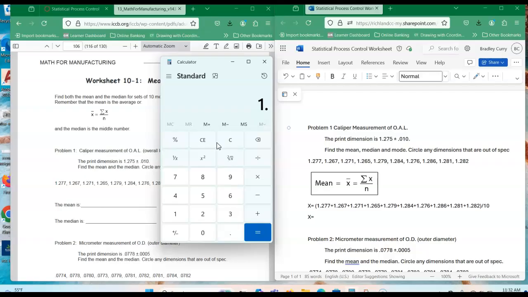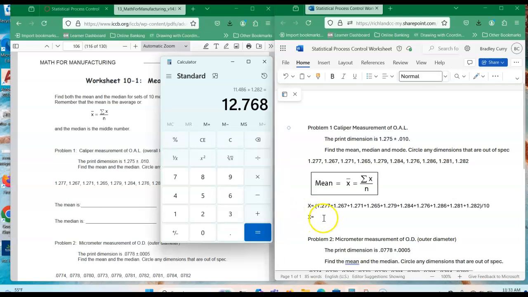We're going back to 1.277 plus 1.267 plus 1.271 plus 1.265 plus 1.279 plus 1.284 plus 1.276 plus 1.286 plus 1.281 plus 1.282, and then I can press enter to get the total.